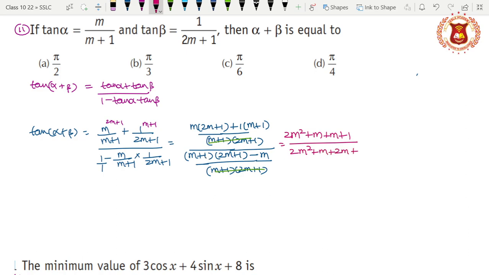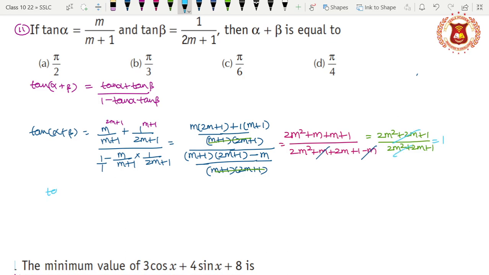It is 2m square plus 2m plus 1 divided by 2m square plus 2m plus 1, which is equal to 1.